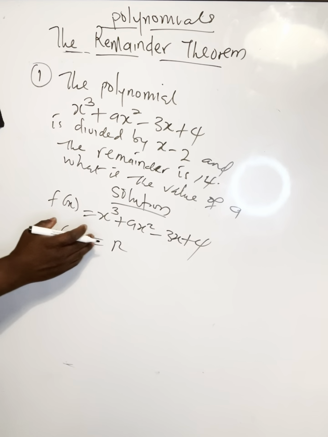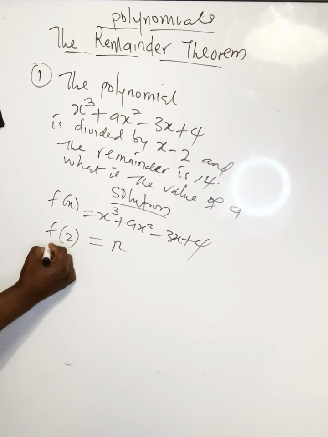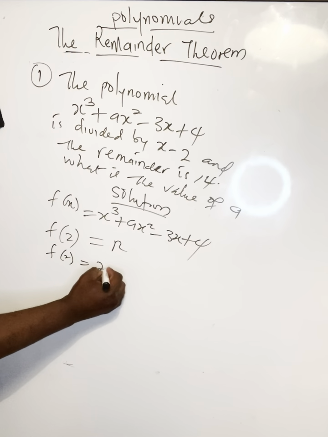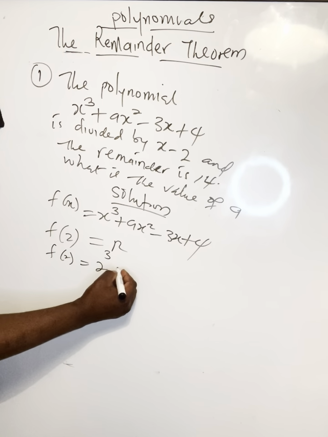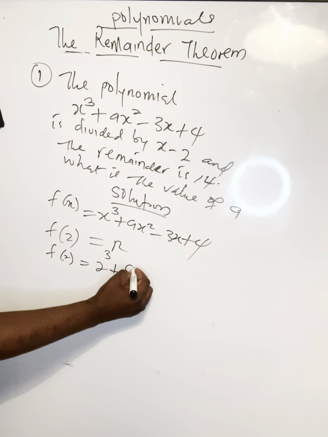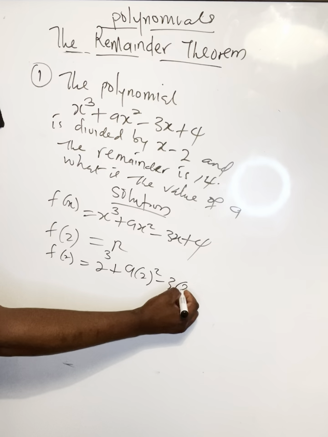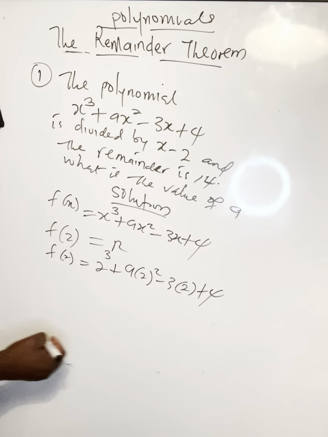So the function of 2 is equal to 2 raised to the power of 3 plus a times 2 raised to the power of 2 minus 3 times 2 plus 4.